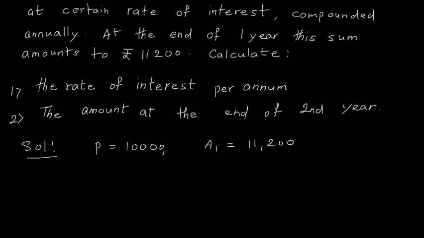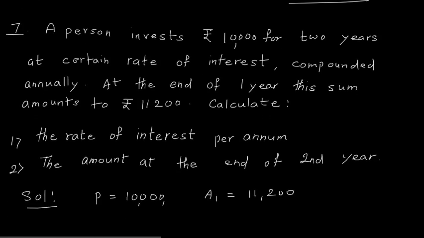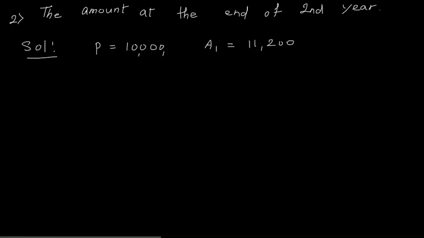So principal is 10,000. So amount after 1 year is given, simple interest after 1 year we don't know. So let us first apply the formula for simple interest.